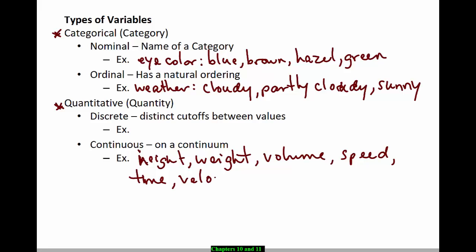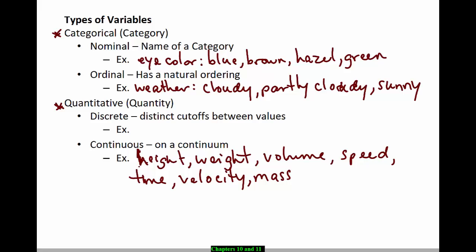Time, velocity, mass, etc. Continuous random variables can be put on a continuum, meaning for any two numbers that variable can take on, there always is another number in between. So in theory, if your measuring instrument was good enough, you could go out to infinite decimal places.